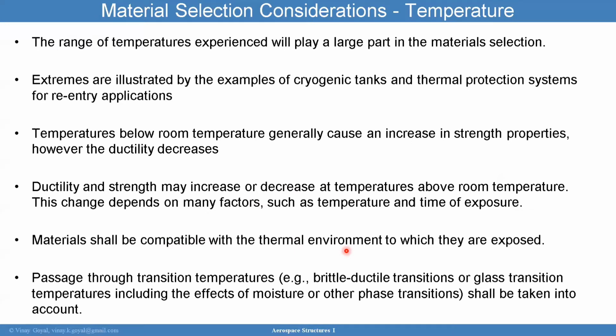For example, composites being used, carbon epoxy being used at 1,000 degrees, clearly the composite is going to have an impact due to being exposed to those high temperatures. Passage through transition temperatures can be an issue, and so those need to be really looked at very carefully. And what I mean with that is brittle-ductile transitions, looking at the glass transition temperatures, looking at the moisture effects, and other phase transitions.